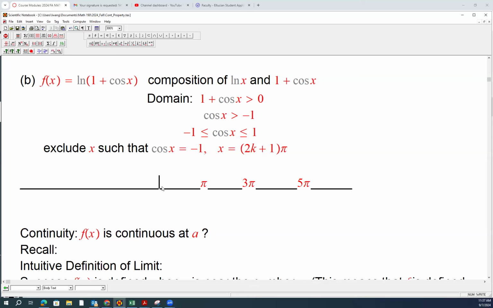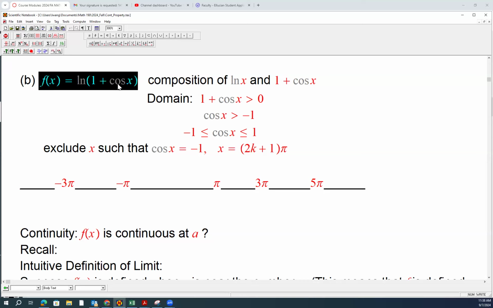There will be negative pi, negative 3 pi, and so on. On these intervals, f of x is continuous.